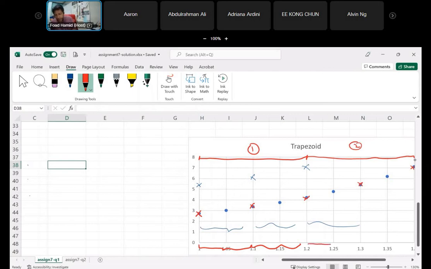So 0.1 and 0.1. And note that when we use trapezoidal rule, it is like this, right? We are connecting the 2 points using a straight line or a linear line.